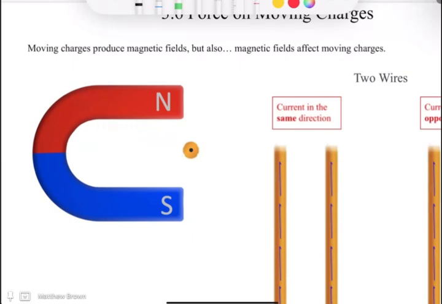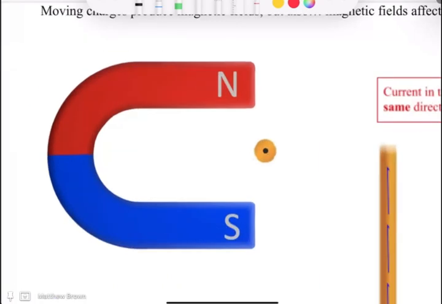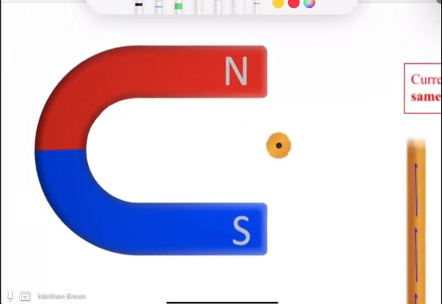So let's look at one of these right here. Let's look at this, if I can make this a little bit bigger, right? We've got this magnetic field here represented by this big magnet, and I've got a current carrying wire. You can all look at that and see which direction the current is going.